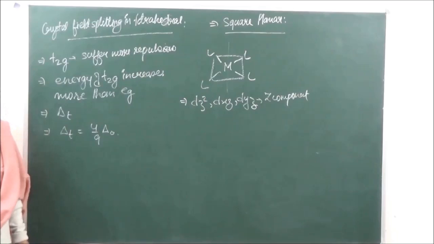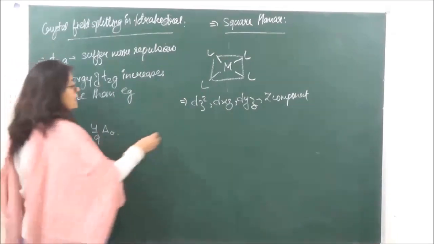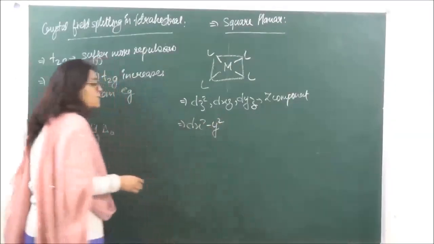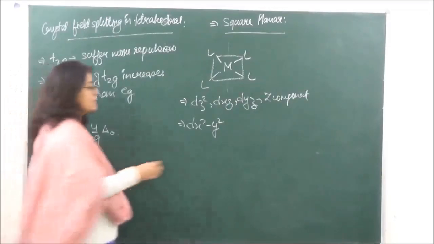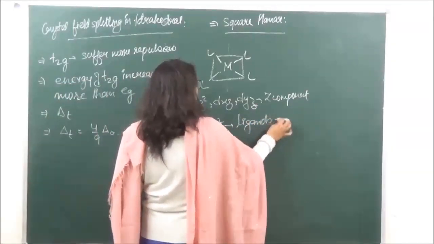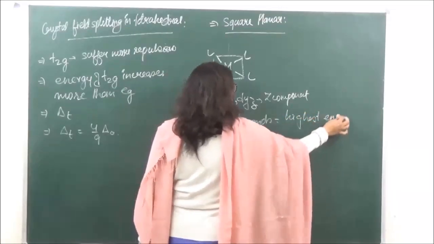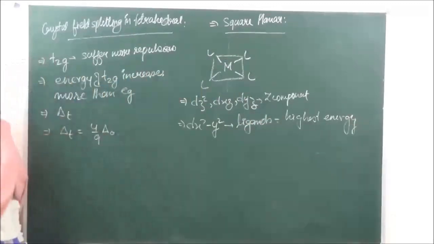Then the octahedral complexes. Now what happens to the lobes of dx square minus y square? Dx square minus y square is going to point towards the ligands, and this is going to have the highest energy, because they are pointing towards the ligand, so the repulsion is going to be the maximum.